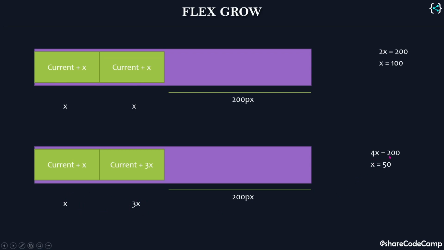So 4x is going to be 200 and x is going to be 50, and this is going to be the current width of the flex item, which is 200 plus x, which is 50, 250, and this one. So they will grow like that.